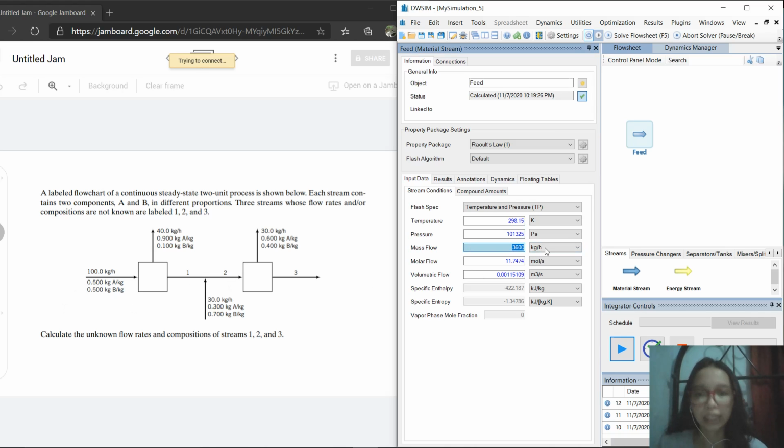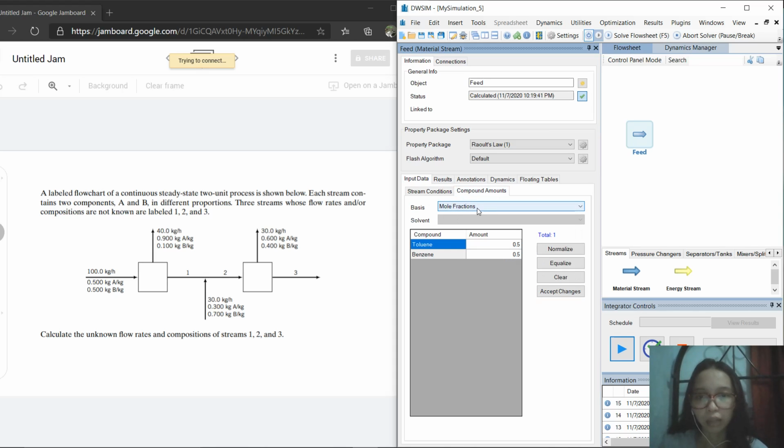The problem indicated 100 kg per hour. So we're going to input that, and in the compound amounts, the default is mole fraction, so we're going to click and choose mass fraction and indicate 0.5 and 0.5. Click accept changes.